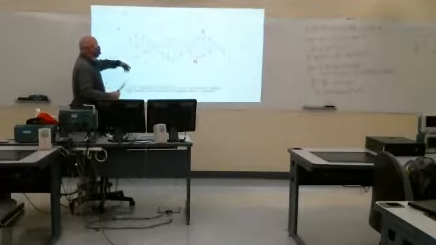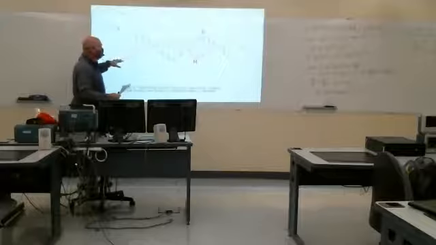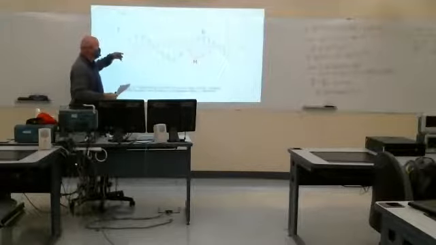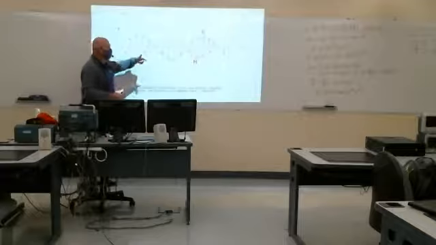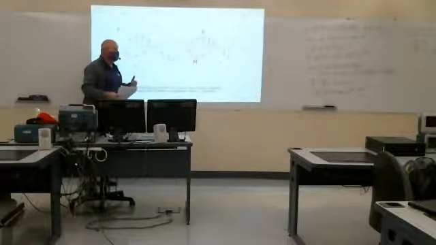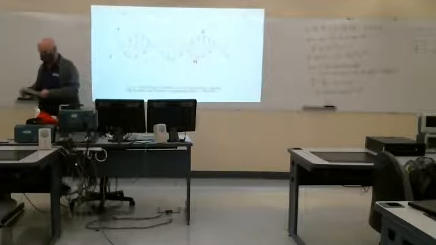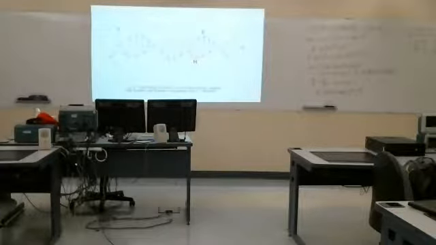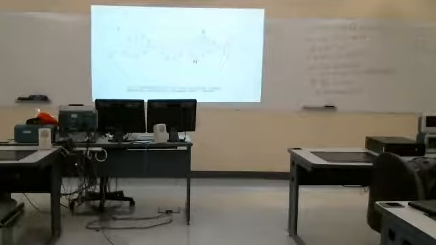Our H field is also linearly polarized. It never changes direction. The E field is always x directed, the H field is always y directed, and the direction of propagation is z. So this is linear polarization.